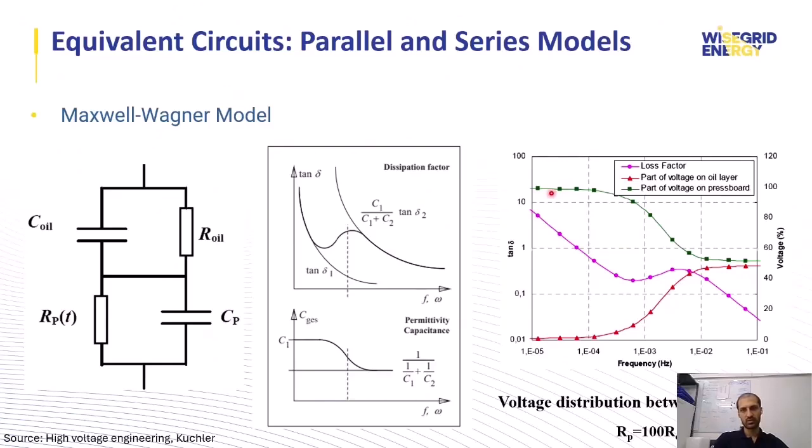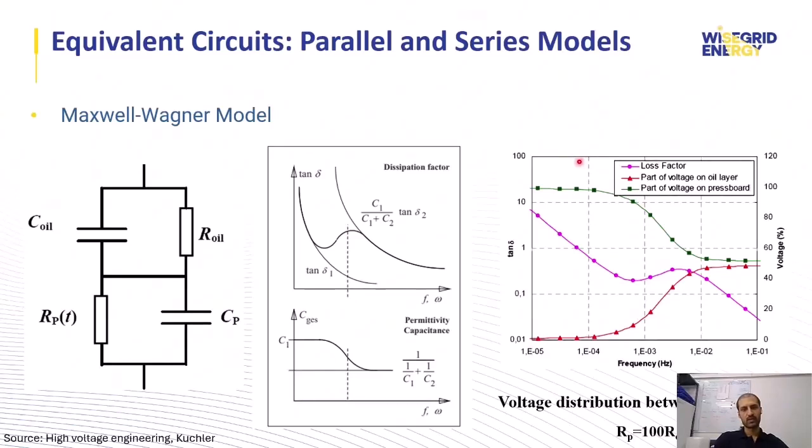If the paper insulation contains moisture, and it is known that more than 99% of the moisture is held in paper, lowering the test frequency causes a higher loss across the paper insulation. This means that the sensitivity of the test increases, and we can better assess the moisture content inside the paper insulation.